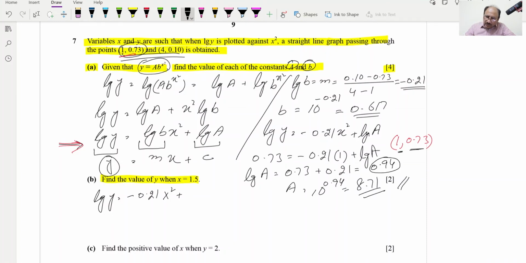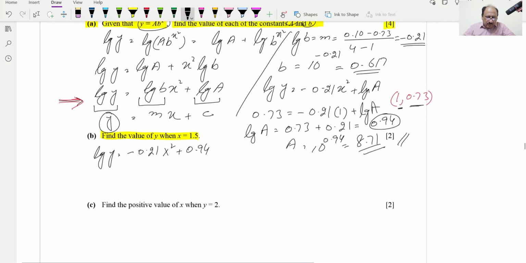This is the log a value which we are using. Now we can simplify this.